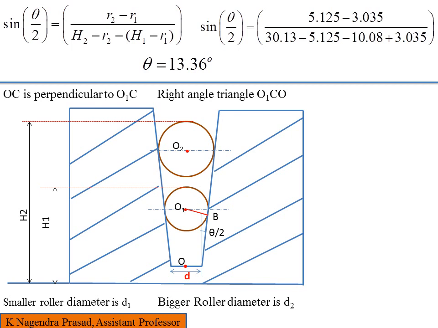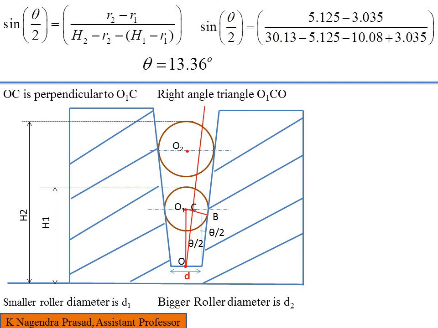Next we have to draw a horizontal line from O to O1. Next we draw a line from O which is parallel to the workpiece surface, and it will intersect the line O1B at point C. Here we have to observe that triangle O1CO is a right angle triangle with an angle of theta by 2.